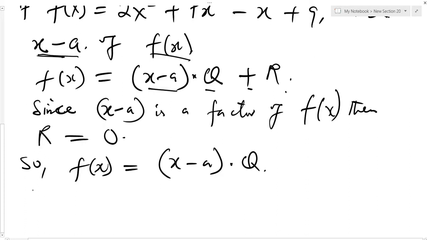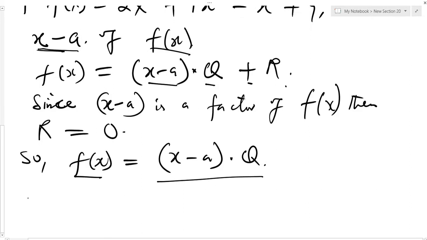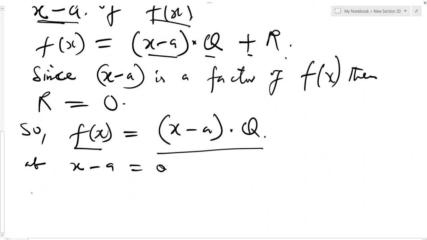So this will be equal to this, and at point x minus a equal to 0, if you add plus a to both sides, this will cancel out.